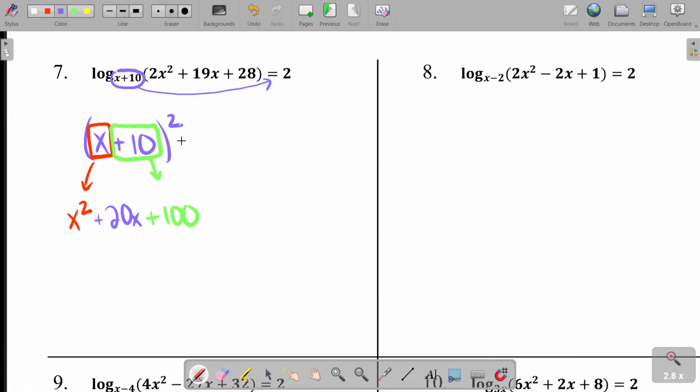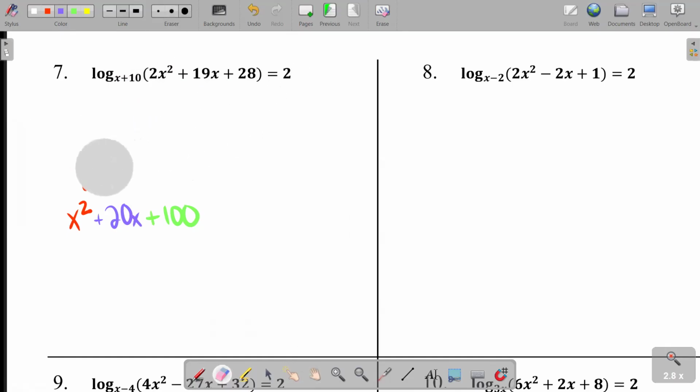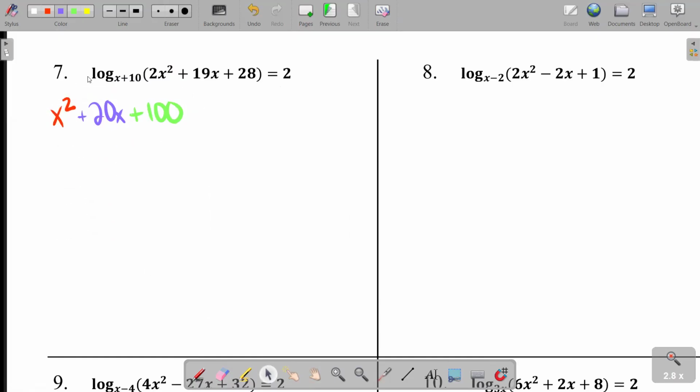I'm doing that process. So having said that, I'm going to get rid of some of my work and I'm going to pull this up here. And so this has to then be equal to the stuff inside the argument of the log, which is 2x squared plus 19x plus 28. And then from here, it's just quadratics 101. We want to move all of our stuff to the right in this case.